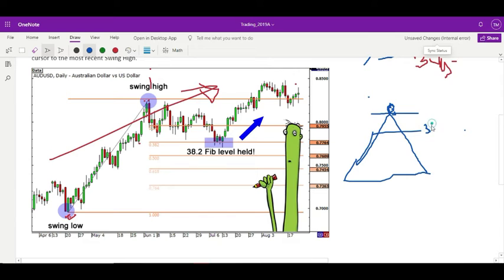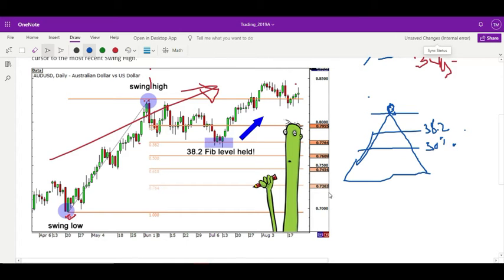So the question is, what are these levels? I explained about Fibonacci levels, and I said these are likely supports or resistance that will happen as the market is rolling up or down, right? The second one, it's 50% level.